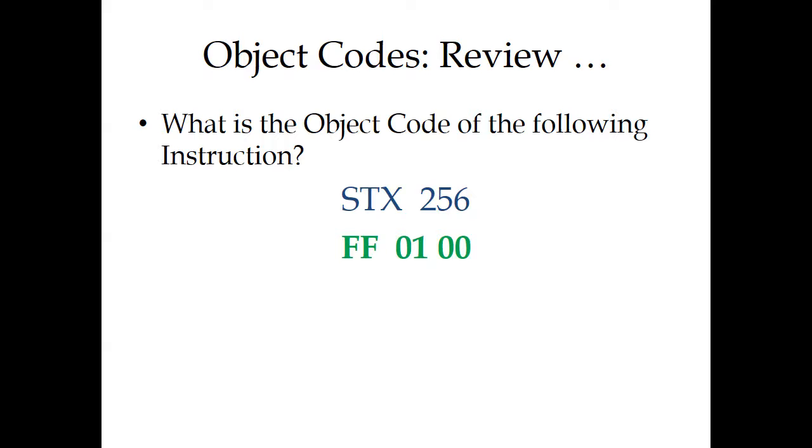How did I write it? Now this one is my opcode, right? FF is my opcode. Now how do I write this? Because the number you're given is in decimal, right? Yes. Remember, you always convert it to hex. So I converted 256 into hex, which becomes 100, but I have to write it in bytes. Even if you got 100, you have to write 0100 because you have to make it 2 bytes. And this is interesting because this is exactly how your instruction is written in memory.